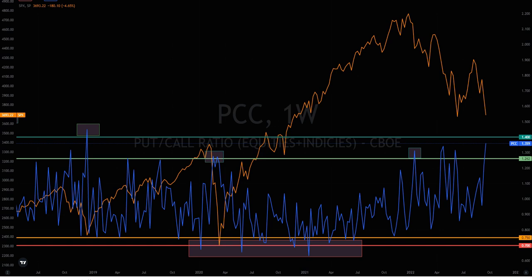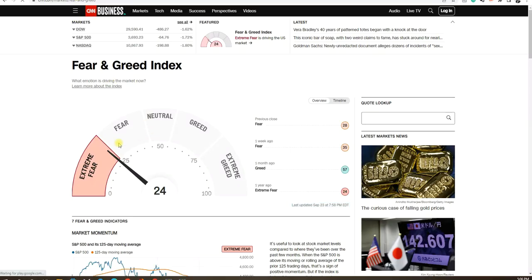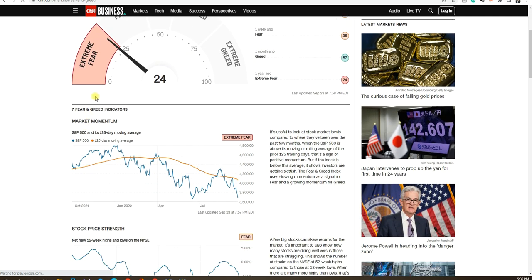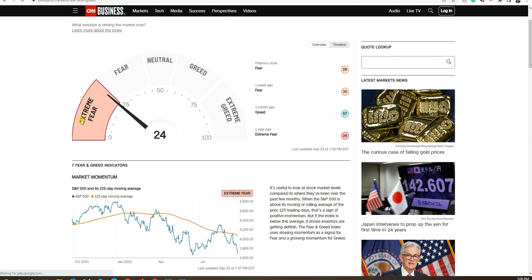The other one is the fear and greed indicator based on CNN. This is a very, very normal general indicator. And you see, we are at extreme fear. Like everyone is getting bearish. So we are at the down side of the market and everyone is getting bearish. When we are getting to extreme fear, we are getting close to the bottom.